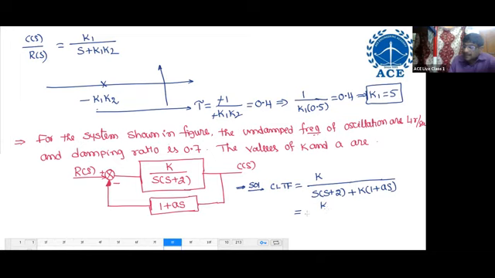So K by S square plus S into 2 plus Ka plus K is the transfer function.